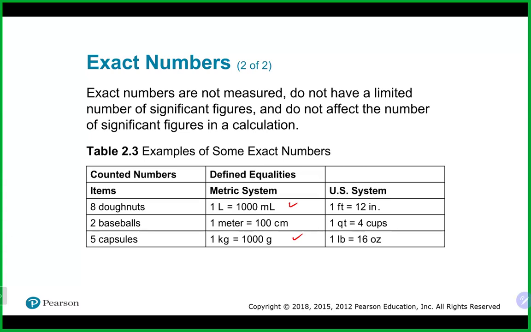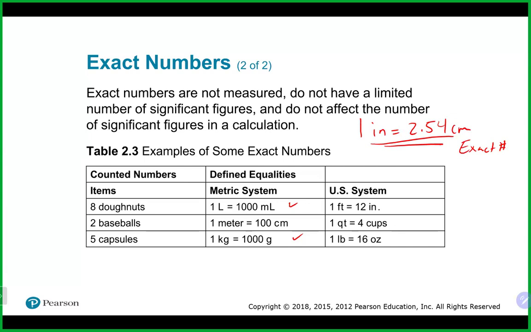It would not be considered an exact number. There is a metric to English conversion that is considered an exact number, and that is 1 inch is exactly 2.54 centimeters. So although that is an English to metric conversion, it is considered an exact number.